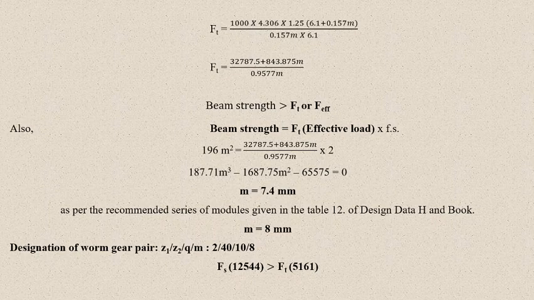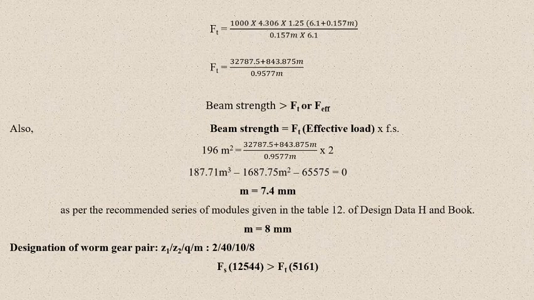Now use this equation and find the unknown parameter module. You will get the value of module, that is m is equal to 7.4 mm. Now by using the recommended series of module, by using design data handbook, you can get the value of module is 8 mm.